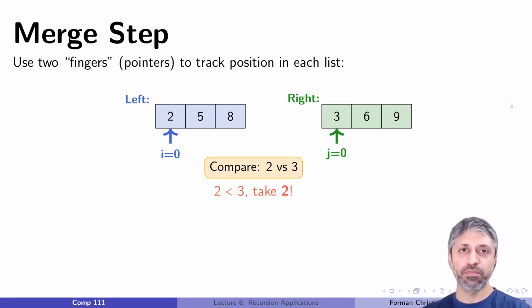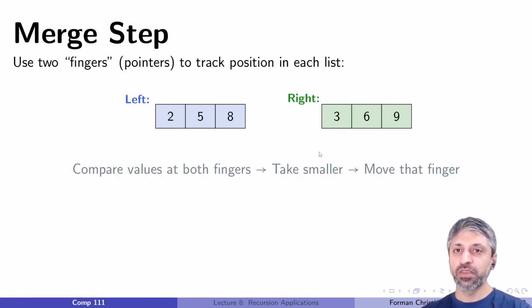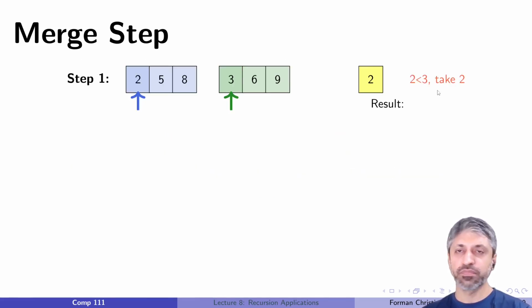For example, we compare i and j, and the item at i is 2 and the item at j is 3, and we know that 2 is smaller than 3, so we take the value 2 and put it in the result and move the pointer forward, which is the blue pointer.